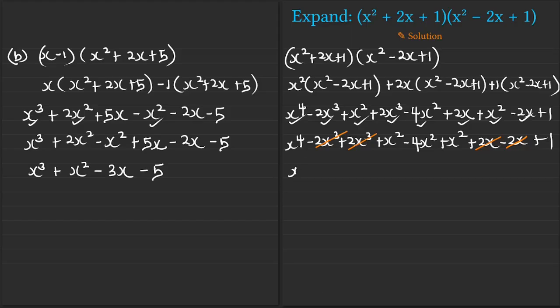Hence, we have our x to the power 4. That is this. And then looking at the squares, we have a 1x squared minus 4x squared. That gives us a negative 3x squared. And then plus an x squared here. So that gives us a negative 2x squared. Then our constant term plus 1. And that is just all.